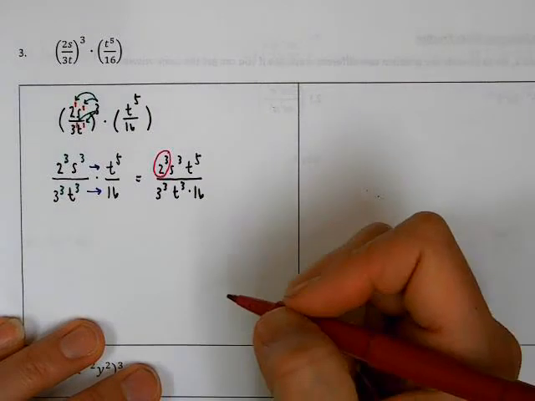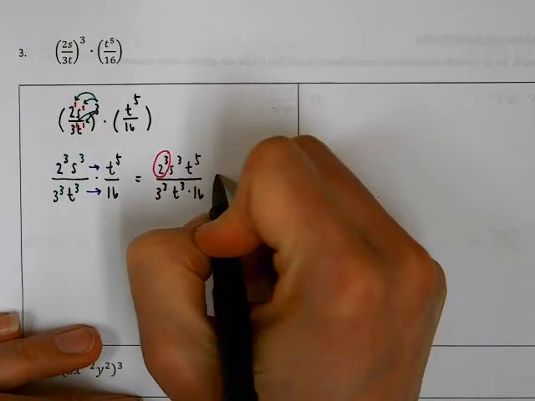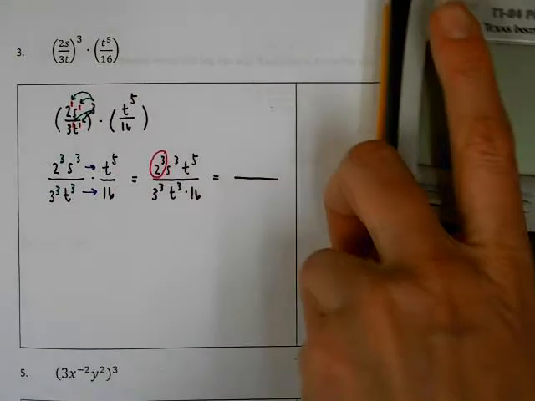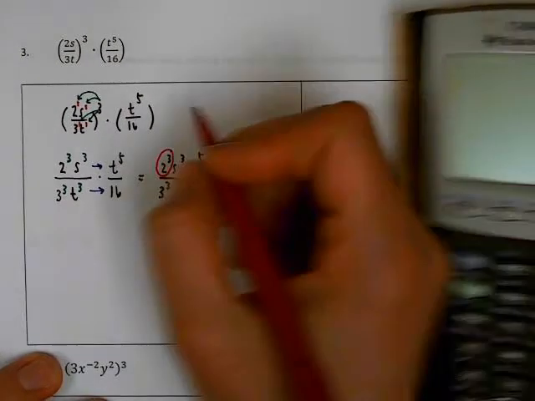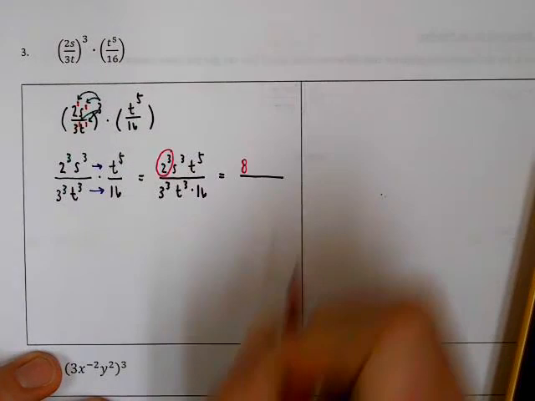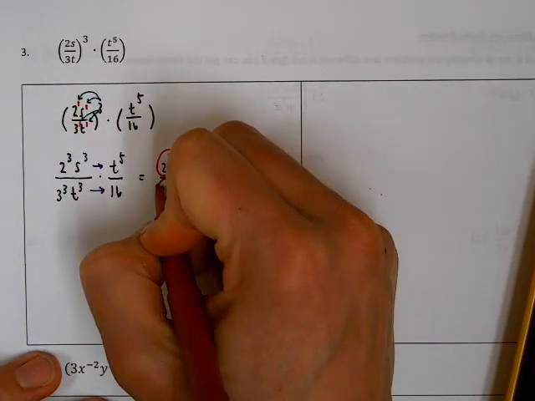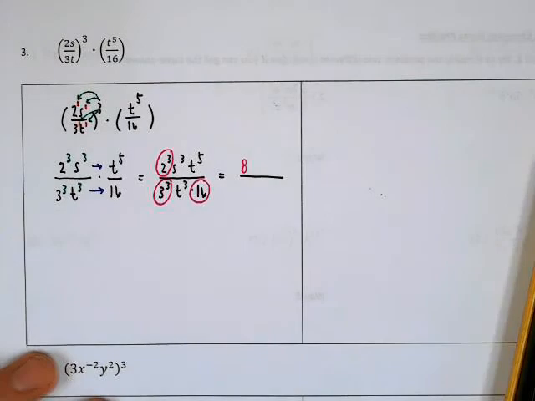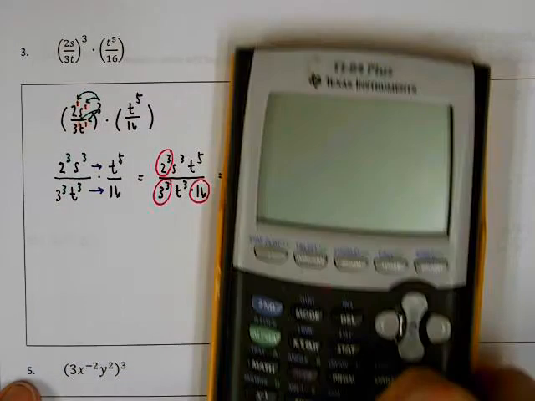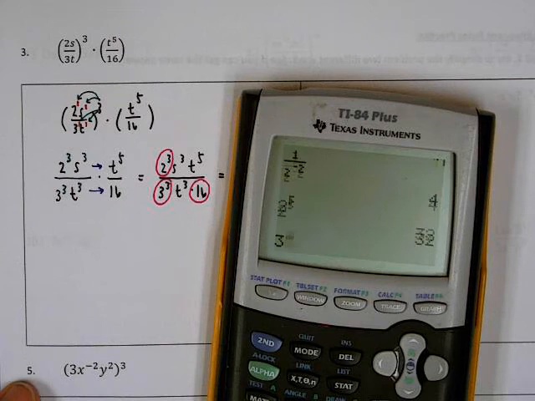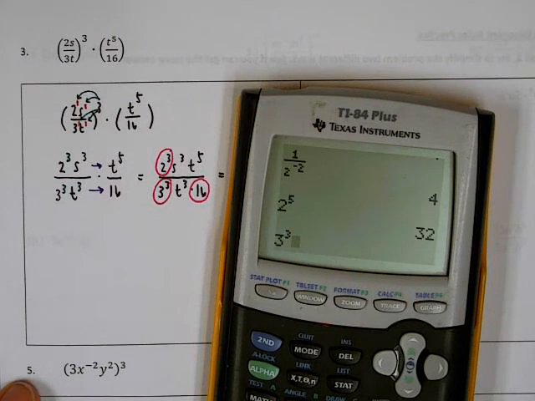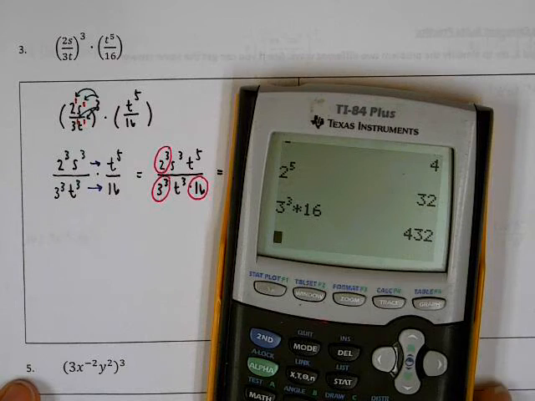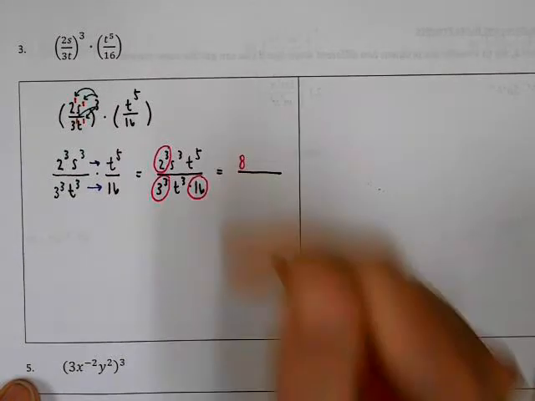I know 2 cubed on top is, if we're not sure, 2 times 2 is 4 times 2 is 8, or we could use our calculator. On the bottom, I actually have 3 cubed times 16. So I'm going to use my calculator to help me do all of that. I'm going to type in 3 to the third power, which we call 3 cubed, times 16, and I get 432 in the denominator.